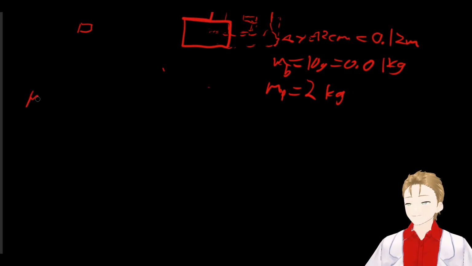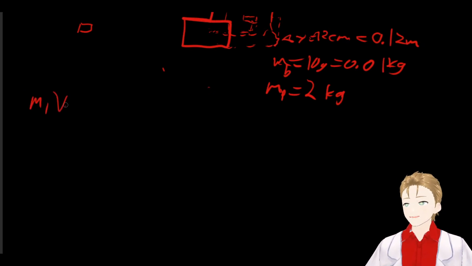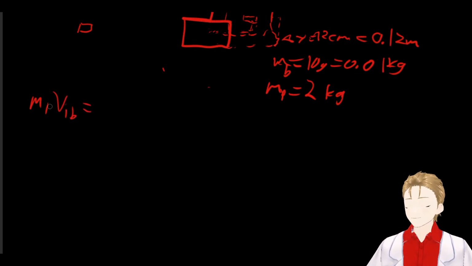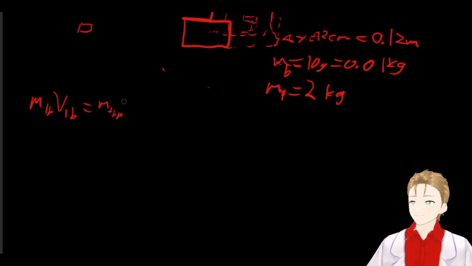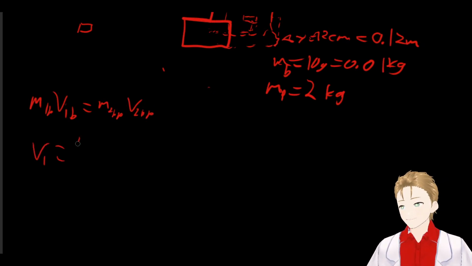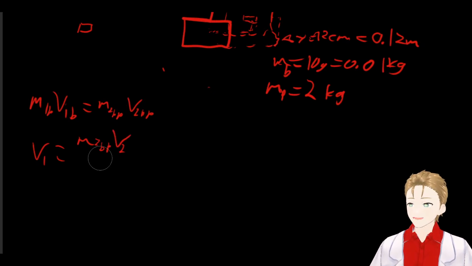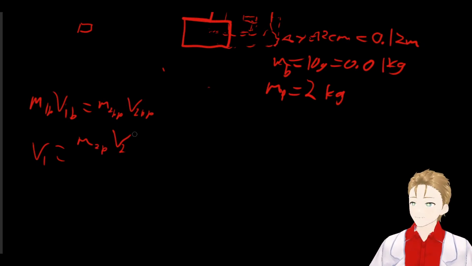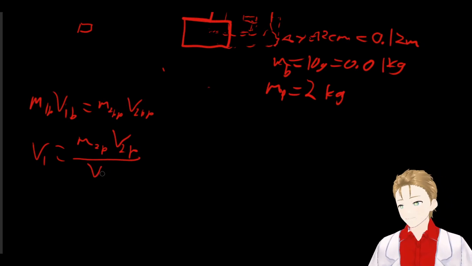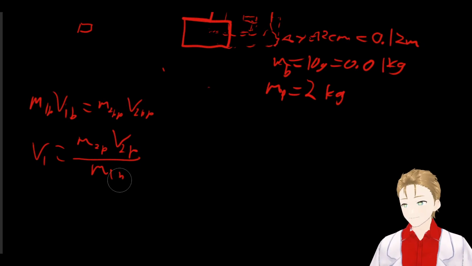Mass 1 of the bullet times velocity 1 of the bullet is the same as mass 2, the bullet-pendulum combo, times velocity 2 of the bullet-pendulum combo. So velocity 1 equals mass 2 of the bullet-pendulum combo times velocity 2 of the pendulum, all over mass 1 of the bullet.